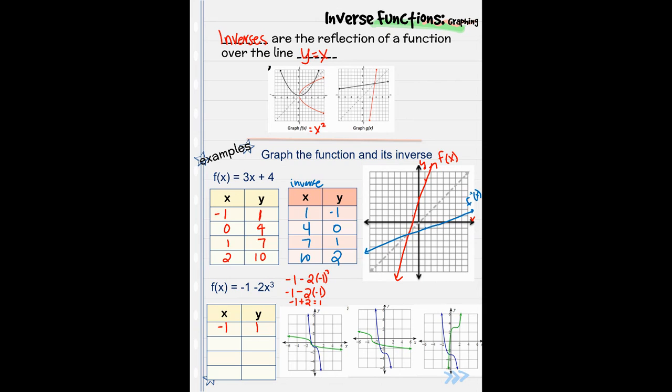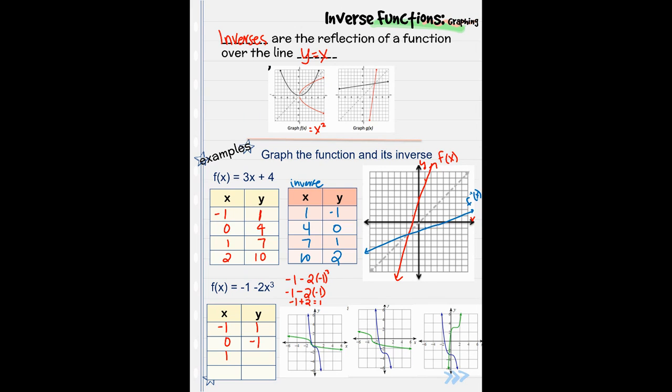All right, let's try 0. -1 minus 2 times 0 to the third. 0 to the third is 0, so -2 times 0 is 0, so -1. Let's do 1. -1 minus 2 times 1 to the third. 1 to the third is just 1. So then -2 times 1 is just -2.